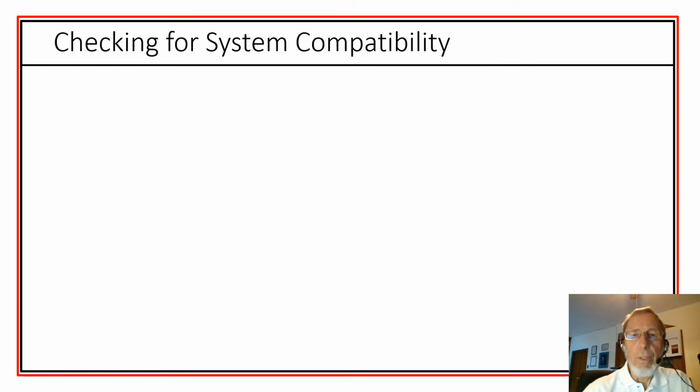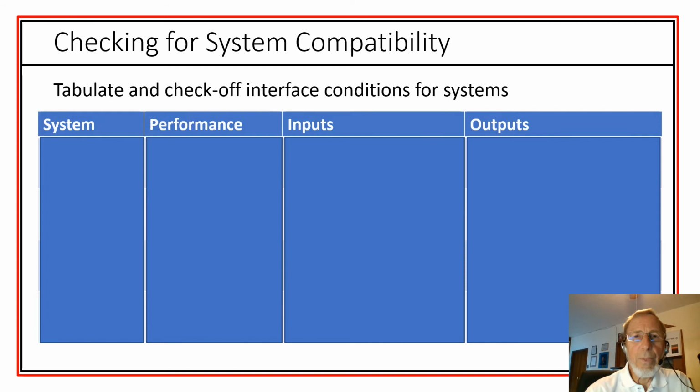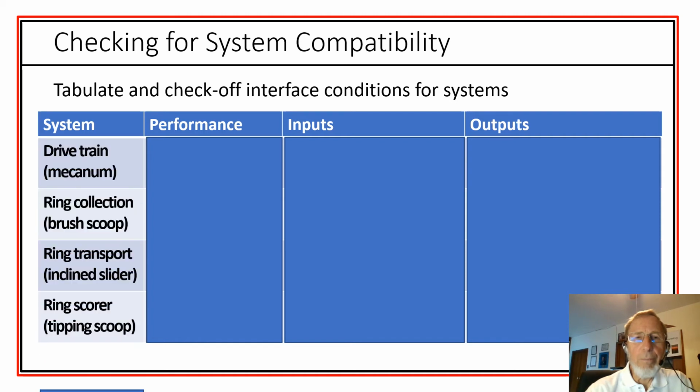With these different systems, we need to check to see that they are compatible with one another. So a good way to do that is to build a table. Identify the system, critical pieces of its performance, its inputs, its outputs, and see that we don't have things that are conflicting between one system and another.